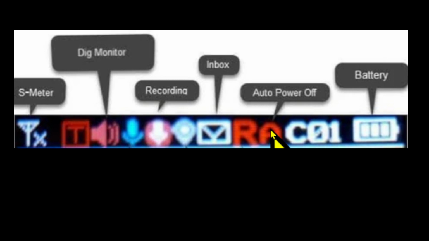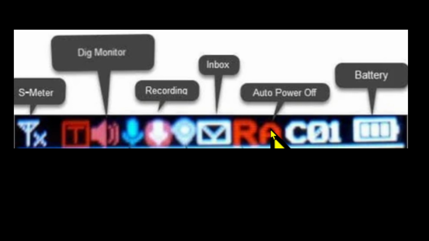Auto power off. I use this all the time. This is really handy. It's a red A. And I set all my radios that have got it to turn off after 1 hour, because quite often, more times than not, I'll start listening to a conversation, or I'll be using the radio, and I'll either fall asleep or leave it in the other room, and the amount of times I've been woken up in the middle of the night because there's a beeping noise because the battery's gone flat.